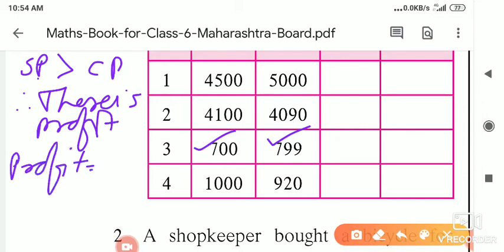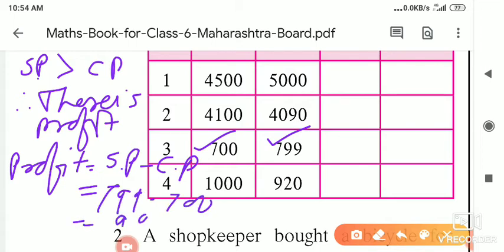Profit is equal to SP, meaning selling price, minus cost price, and therefore 799 minus 700 equals 99 rupees. Rupees 99 is the profit. Understood all of you? Okay.